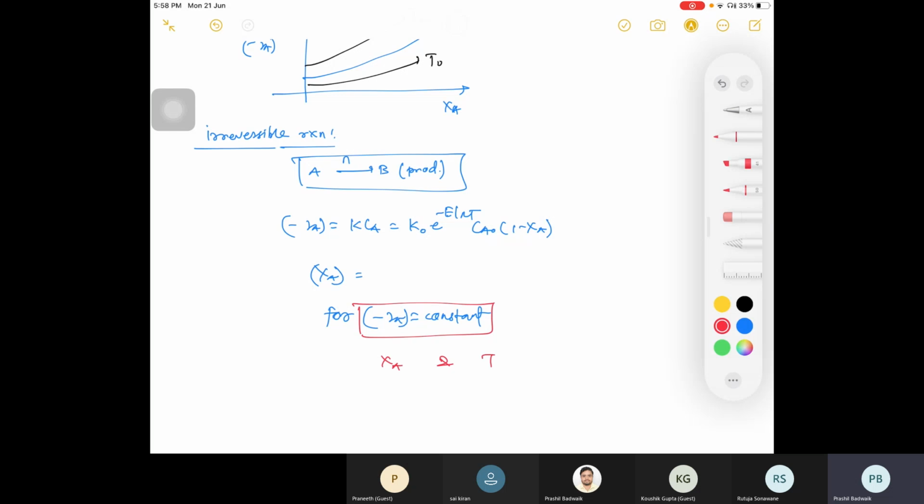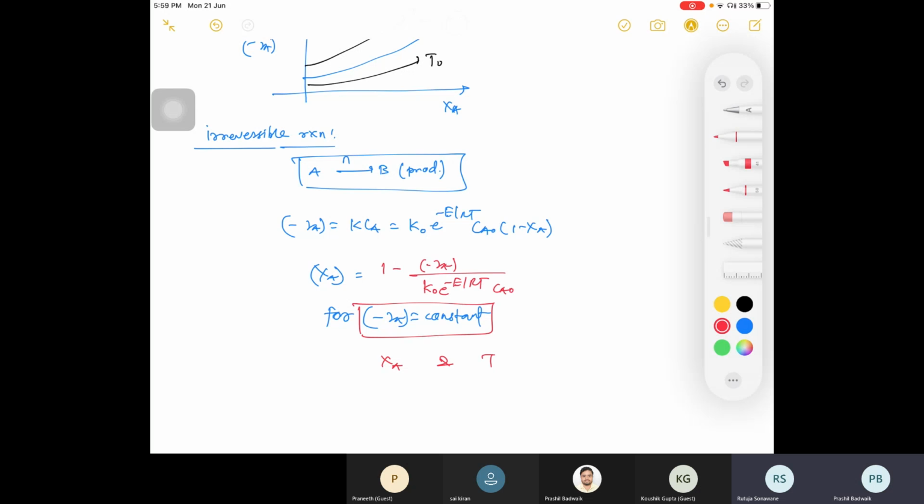You have to tell me the variation of conversion and temperature. Okay please. Rutuja. 1 minus Ra upon k0, minus k0 into C0 into e raised to the power E by RT. Okay. C0 will be there, right?